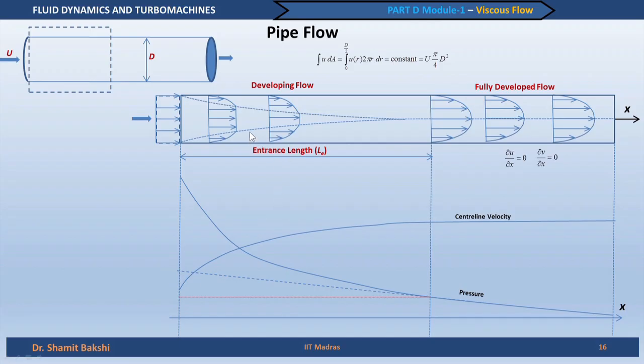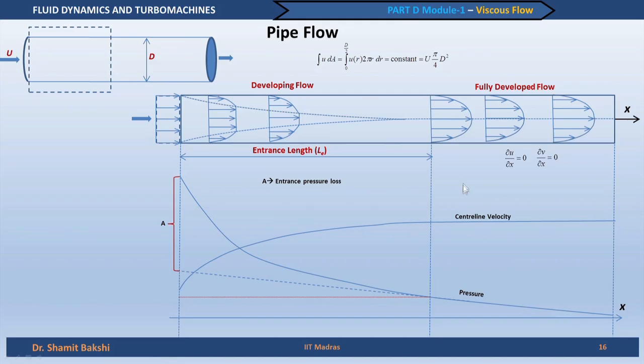In the entrance length there are two reasons for losses. One is due to the change in the velocity profile, or the development of the flow, and the other is friction loss. So, now we can demarcate these two losses. After extrapolating this linear pressure curve, we will show in the next slide that the frictional pressure drop is linear for a laminar flow.